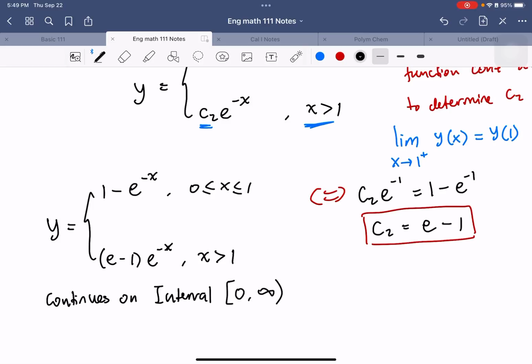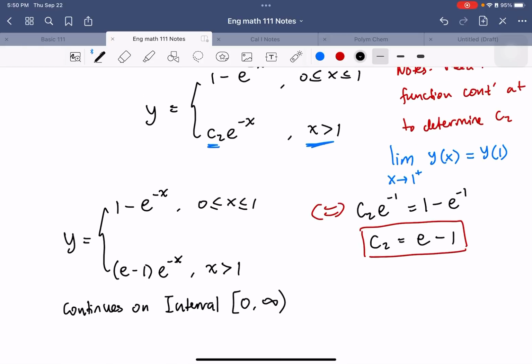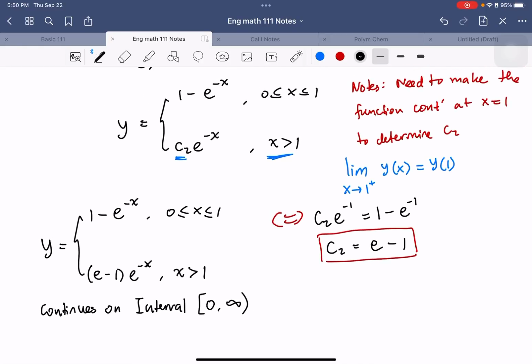And maybe if we have time later on, we can go back and explain this error function. Okay, so that's some notes.